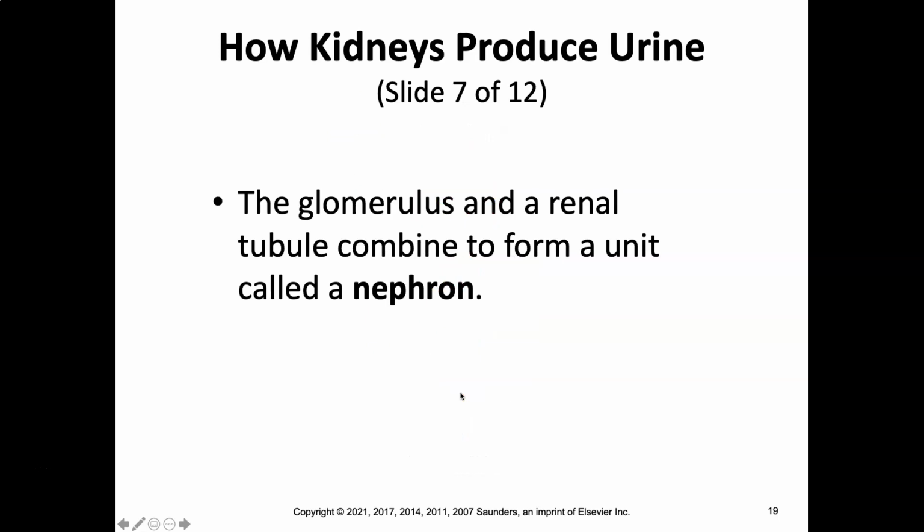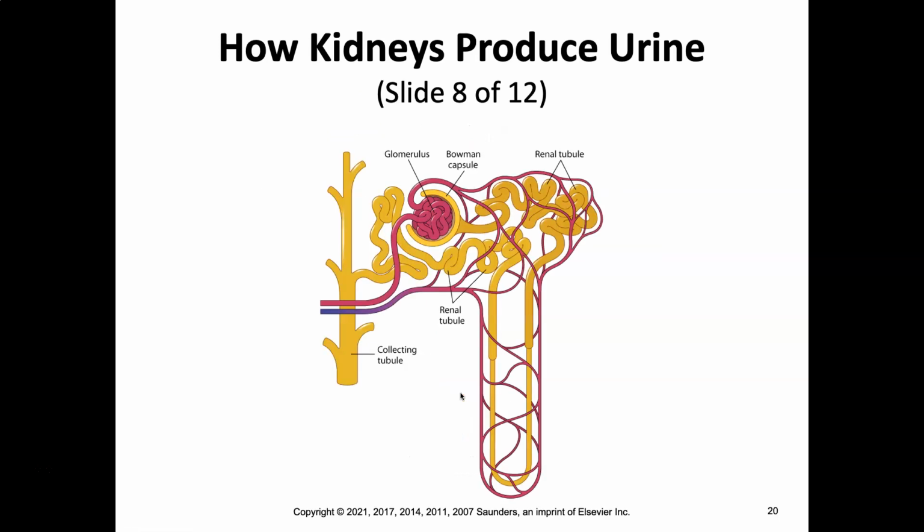How many nephrons do you think you have in your body? Pop quiz. Because your book does tell you that. It's at the bottom of page 207. How many nephrons do you have? Do you realize you have close to 1 million nephrons?